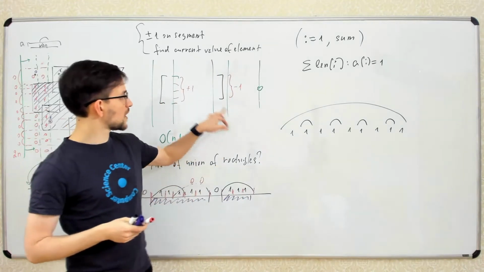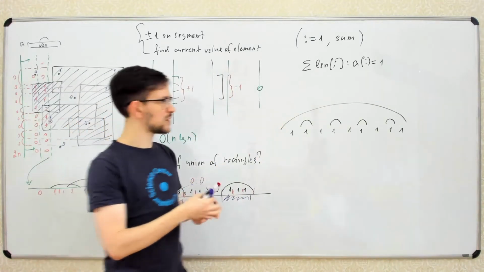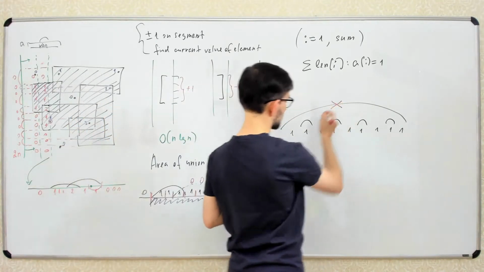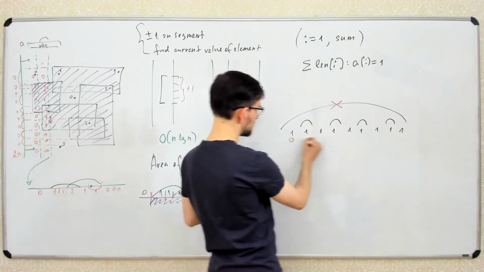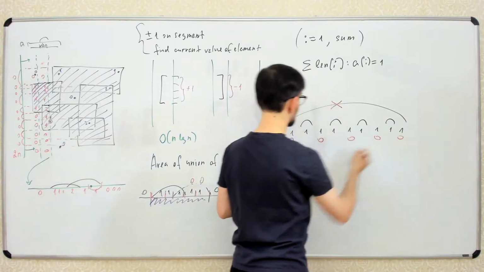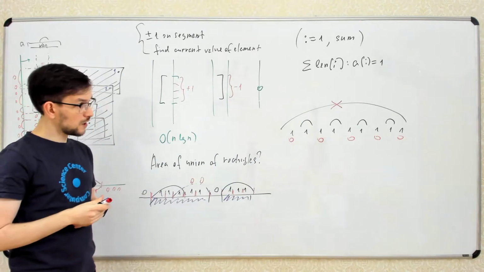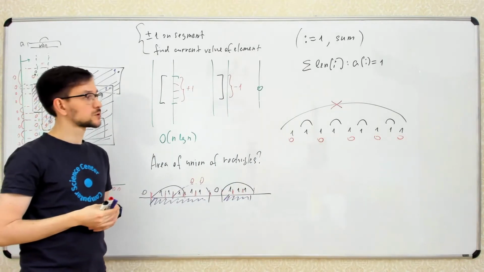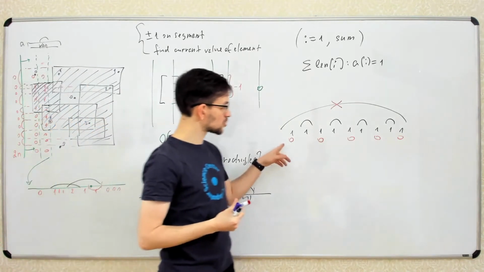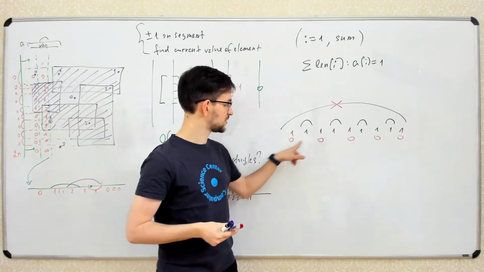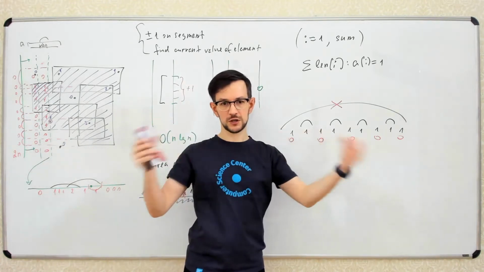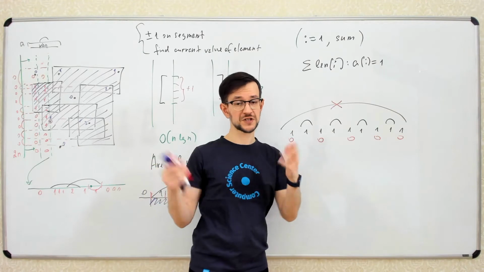But when you find the right border of this rectangle, you need to remove this big segment, you need to put zeros in these positions. And we don't know how to do it fast, because it's a strange operation. It's not a segment operation. We need to put zeros in some random positions in our array.